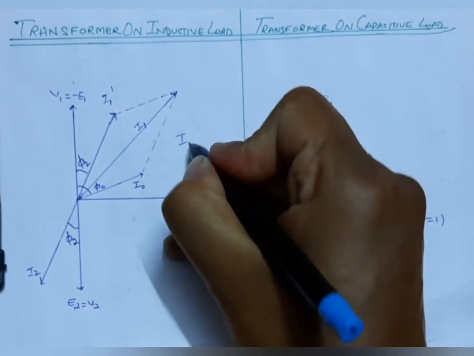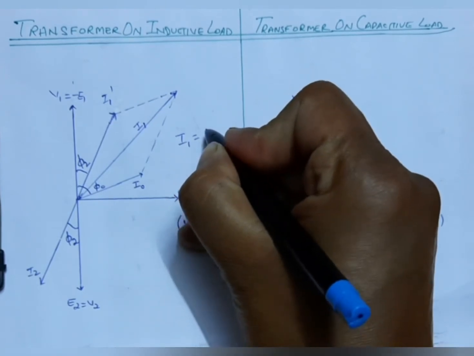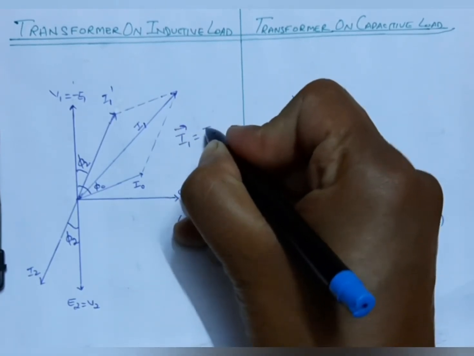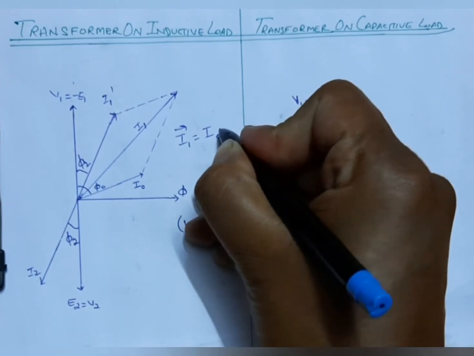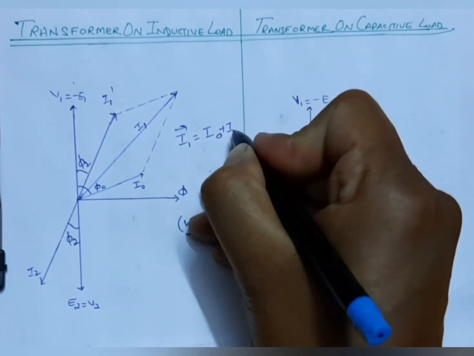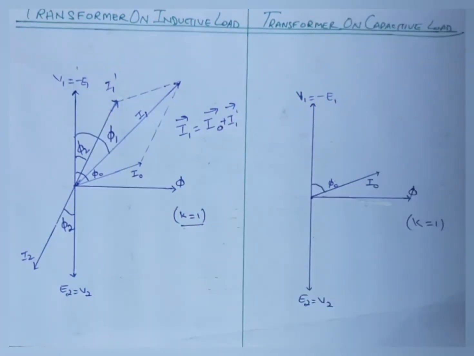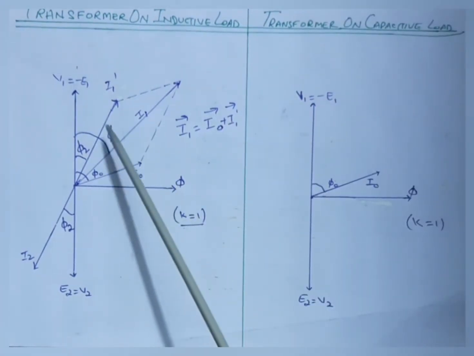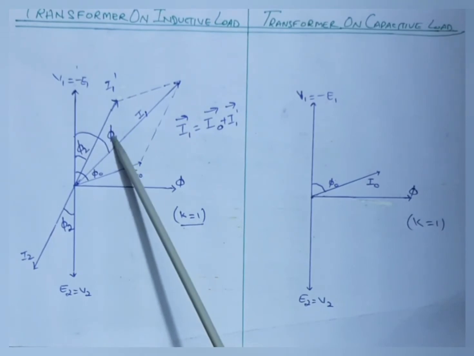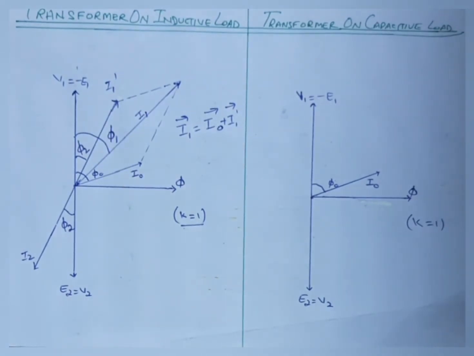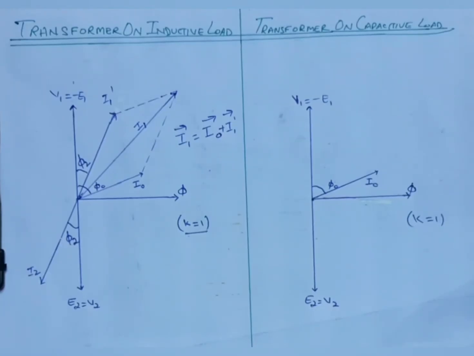So I can write I1 is equal to the vector sum of I0 plus I1 dash. And the angle by which I1 lags from V1 will be phi 1. So we are done with the phasor diagram of the transformer loaded with an inductive load.